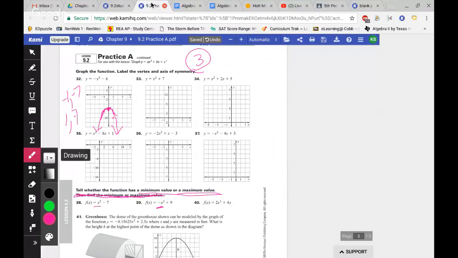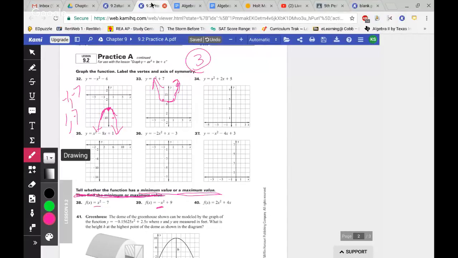Okay, so on this one, it's going to go up 7, and the 2 points are going to be (1, 8) and (-1, 8). Drawing on this is not very easy, but basically that's it.